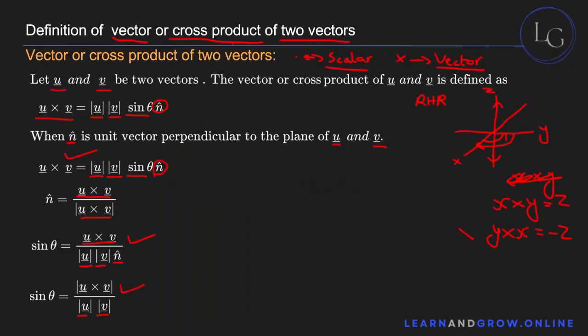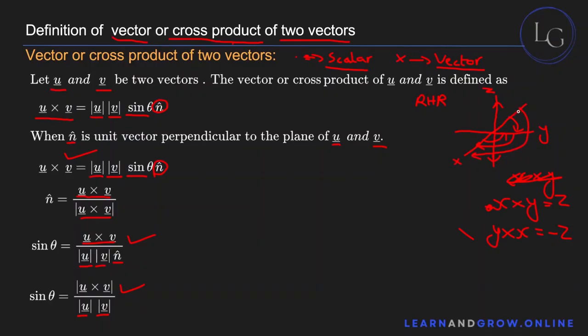Because if you see over here in the right hand rule, remember that x cross y means going from x to y with the thumb pointing towards the positive z. That basically means that if you take the negative of x, it is the negative x-axis. So from the negative x-axis towards y, which is this direction over here, that is basically the same as y cross x, because it's going like this, right?